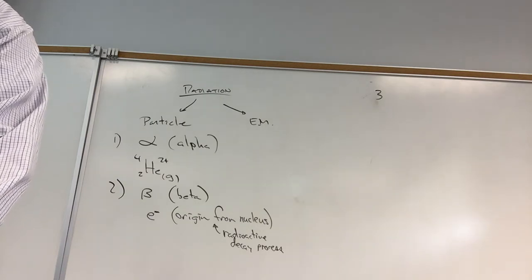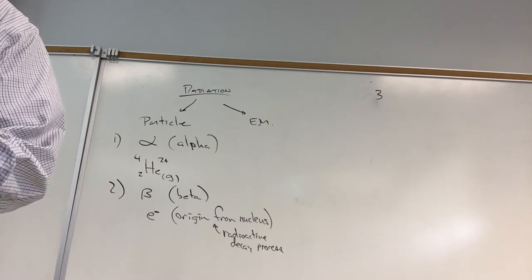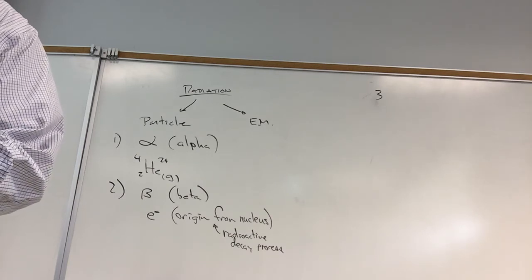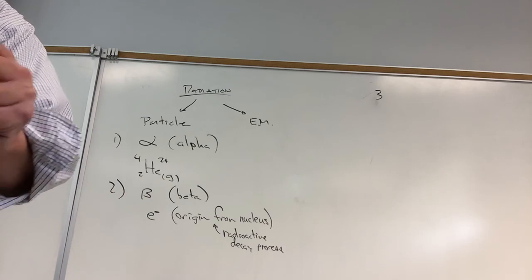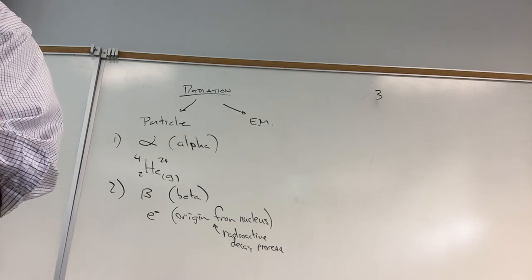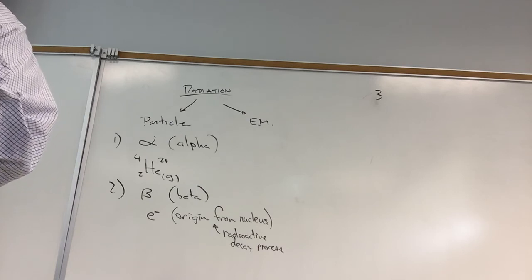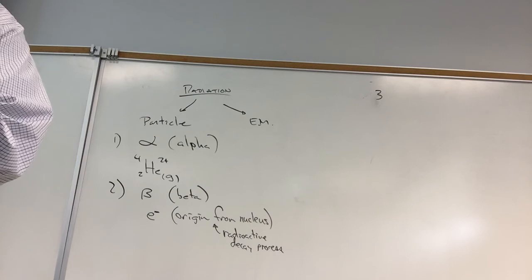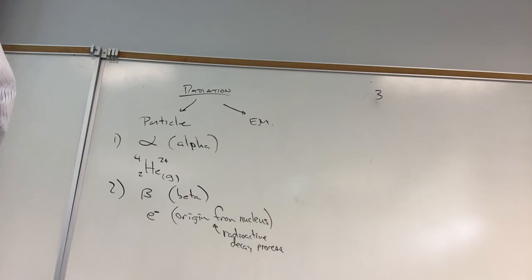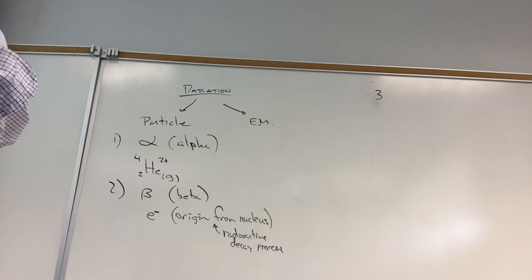To protect yourself from alpha radiation, all you need is like a sheet of paper, right? A sheet of paper, why? Because alpha particles are so highly reactive, and paper has electrons that alpha particles can oxidize the paper easily, right? And so to protect yourself from alpha radiation, you just need a piece of paper or something simple.